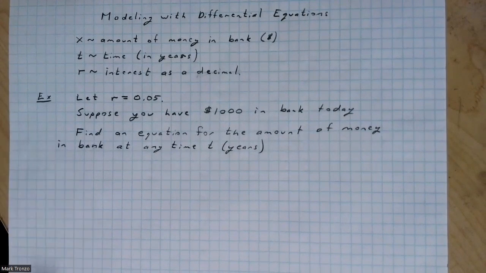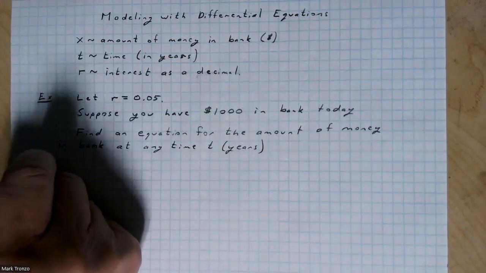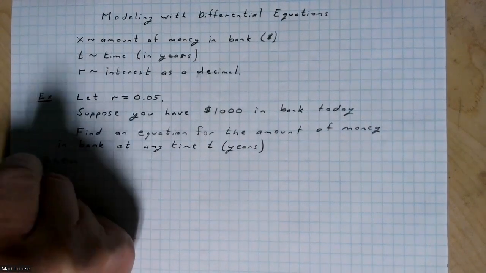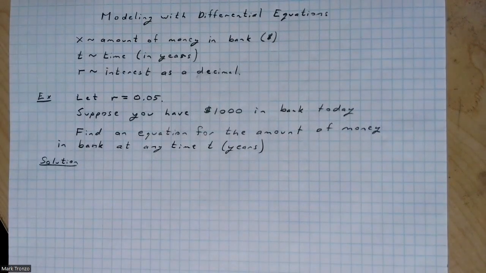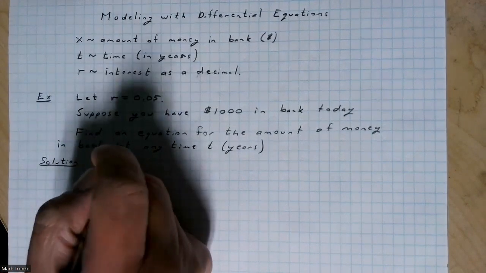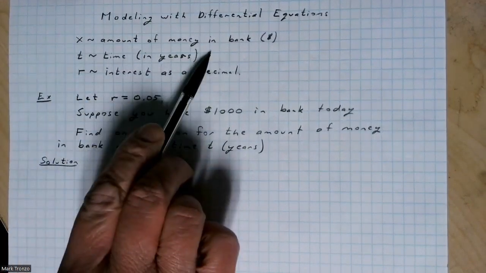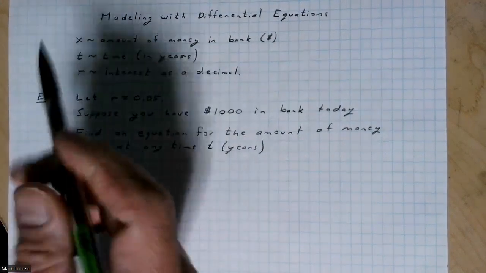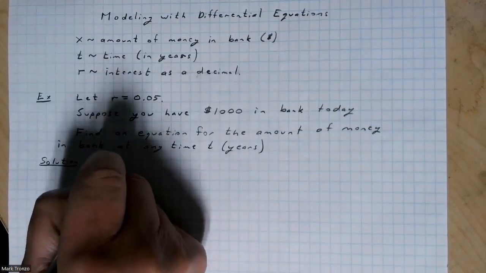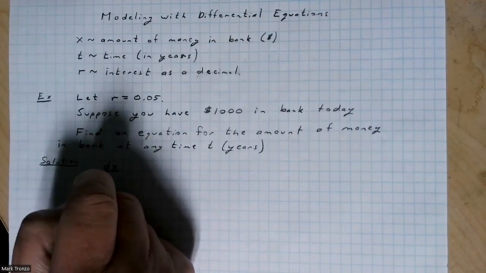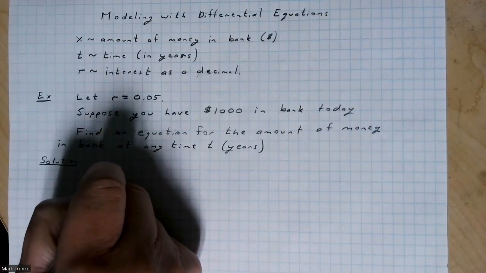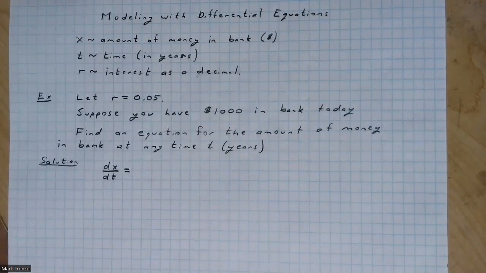So again, when you're setting up the differential equation, all you have to start with is the change in money in the bank. Remember, X is the amount of money in the bank and T is time, so we want to start by finding the change in X, the change in the amount of money over time.